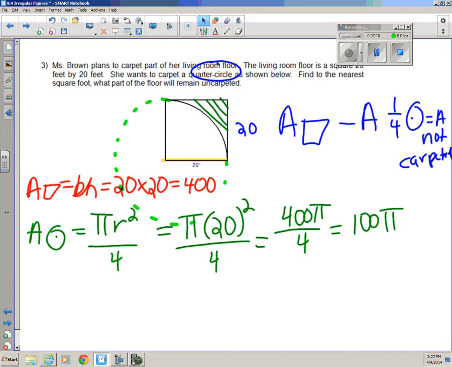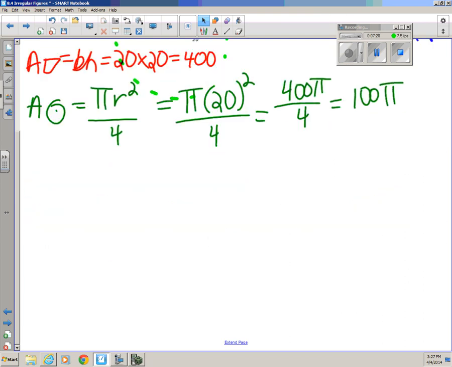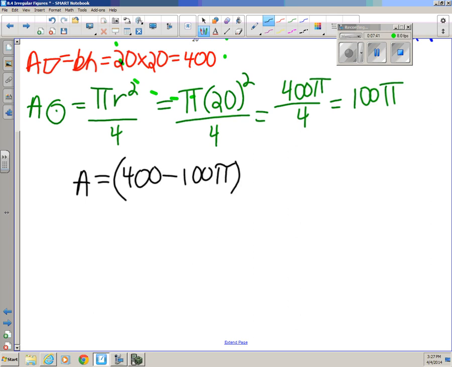If I now plug all that into my formula, the area of my square is 400. The area of my quarter circle is 100 pi. So mathematically, we need to say the uncarpeted region is area of square minus area of carpet. That would be the exact answer.